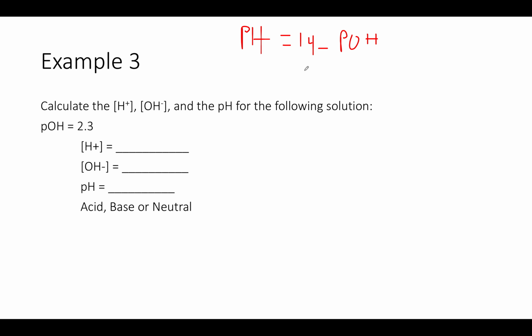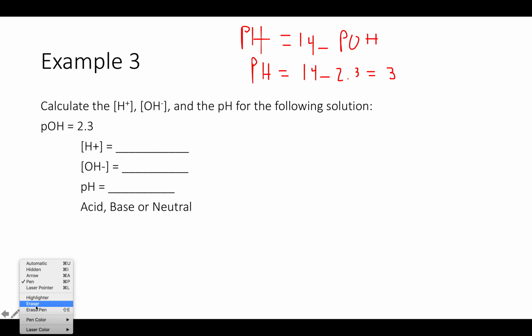So 14 minus 2.3 is going to equal the pH. Sorry, no, my bad, I was looking at the wrong thing. 14 minus the pOH will give us the pH, and that's 11.7. Because that did not make sense before.